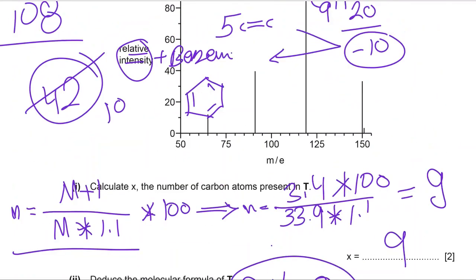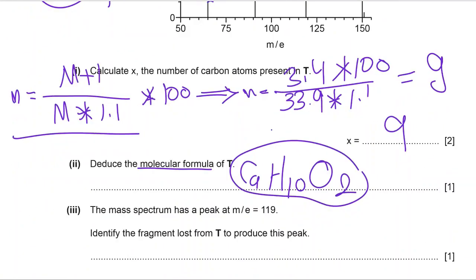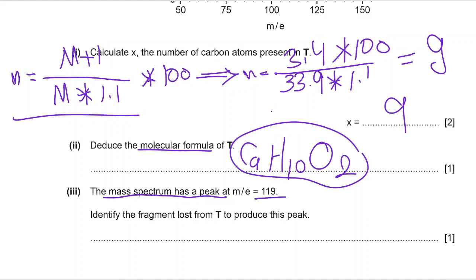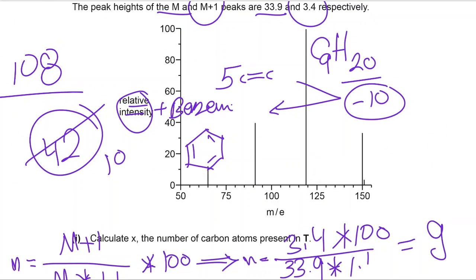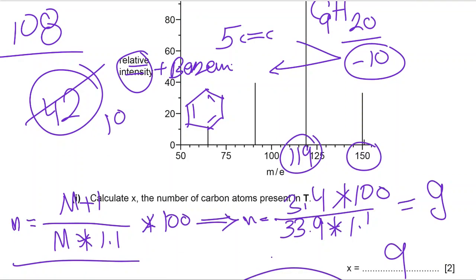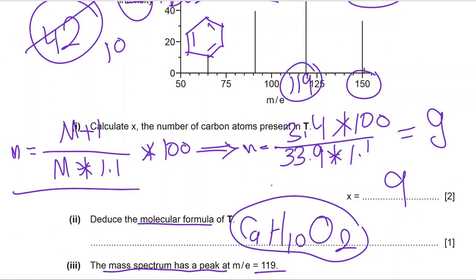Now he's asking about this. The mass spectrum has a peak at 119. It's very clear, this one at 119, and your compound is 150. So what's the fragment?